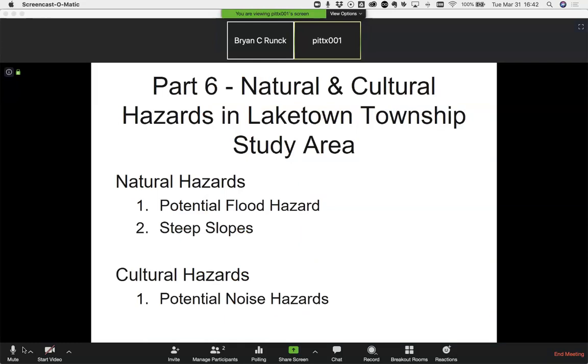Finally, in part 6, I want to talk about natural and cultural hazards in the Lake Township study area. These are hazards that you're going to be mapping in an exercise in class, and they have to do with two different kinds of natural hazards, potential flood hazard and steep slope hazards, and cultural hazards, hazards associated with potential noise sources.